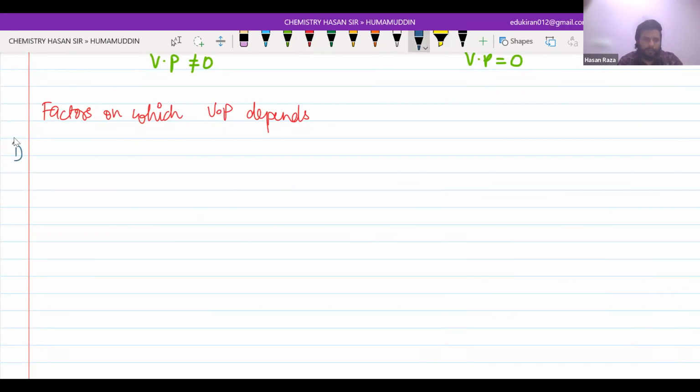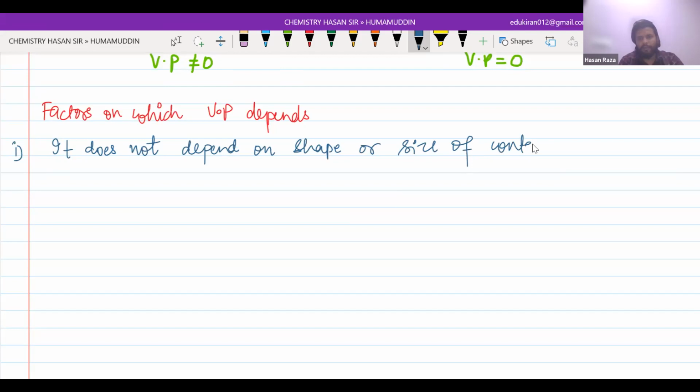First of all, it does not depend on shape or size of container. Basically, if water boils at 100 degrees centigrade, it will not depend upon the shape or size of container, whether it is conical, cylindrical or anything.